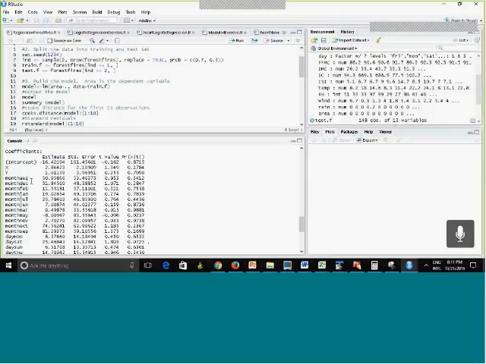So here, notice that month is a categorical variable, and what it did here is create a separate variable for each month's value, right? So I have August, December, February, January, July, June, March, May, November, October, September. And you notice it is 1, 2, 3, 4, 5, 6, 7, 8, 9, 10, 11, right?